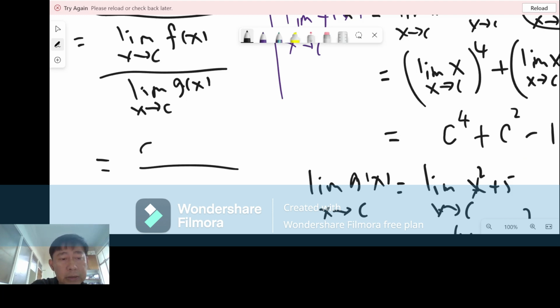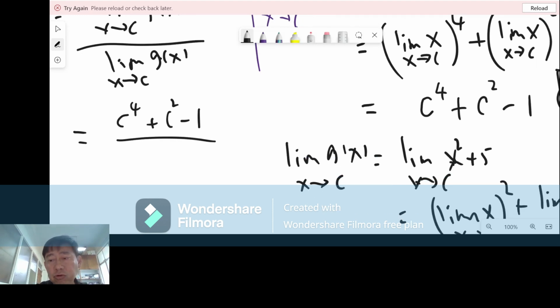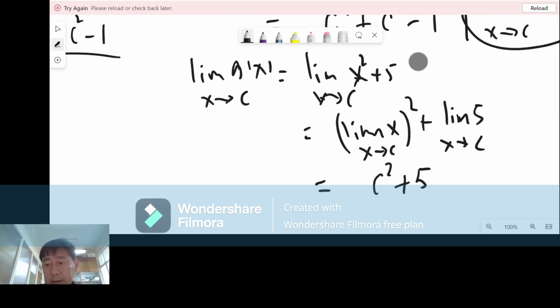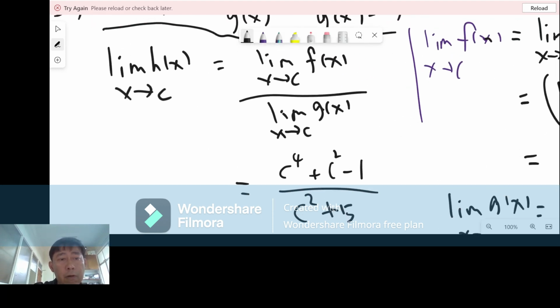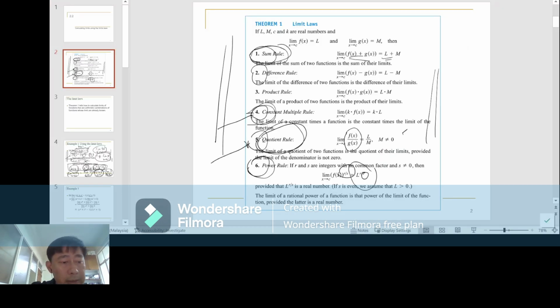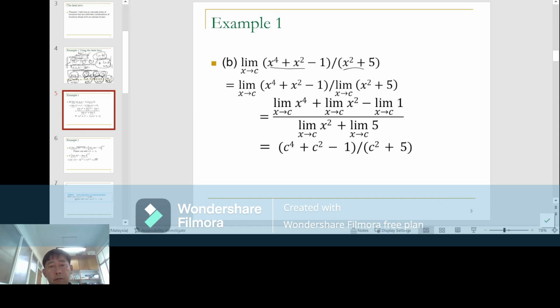So the answer is just c to the power 4 plus c squared minus 1. And downstairs, the limit of g at c is just c squared plus 5. So this is just the result for the function h. This is the answer.